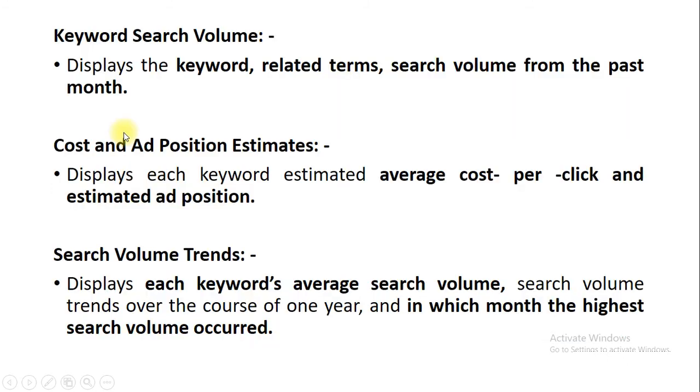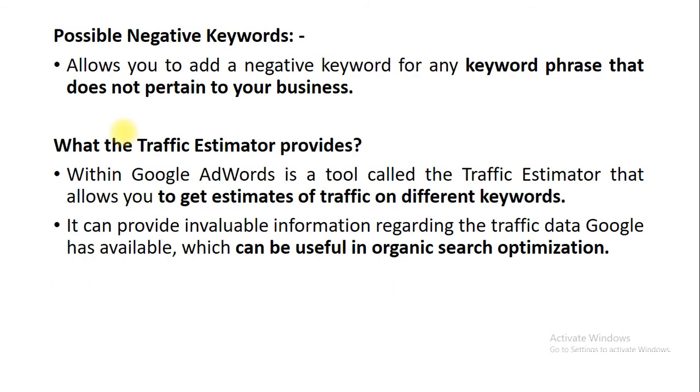It is within the Google AdWords tool and allows you to get information about traffic on different keywords. So on a particular keyword, how much traffic there is can be found with the traffic estimator.